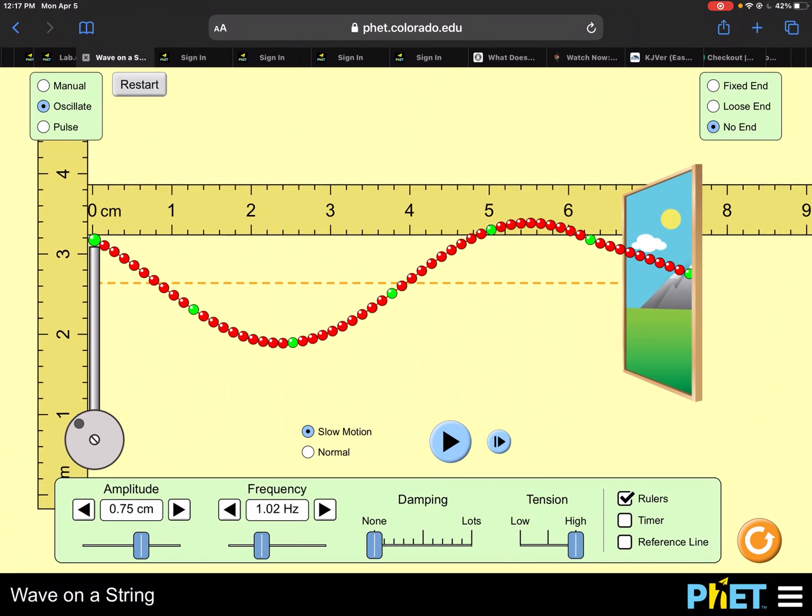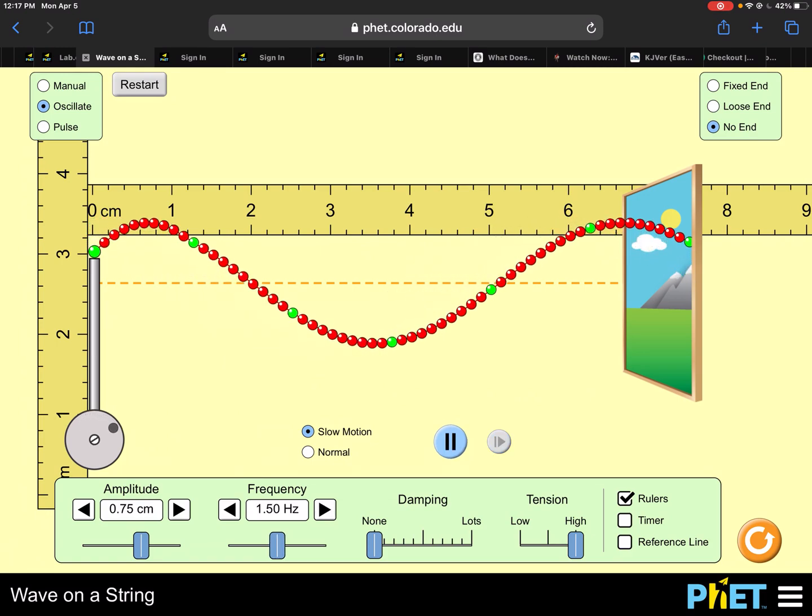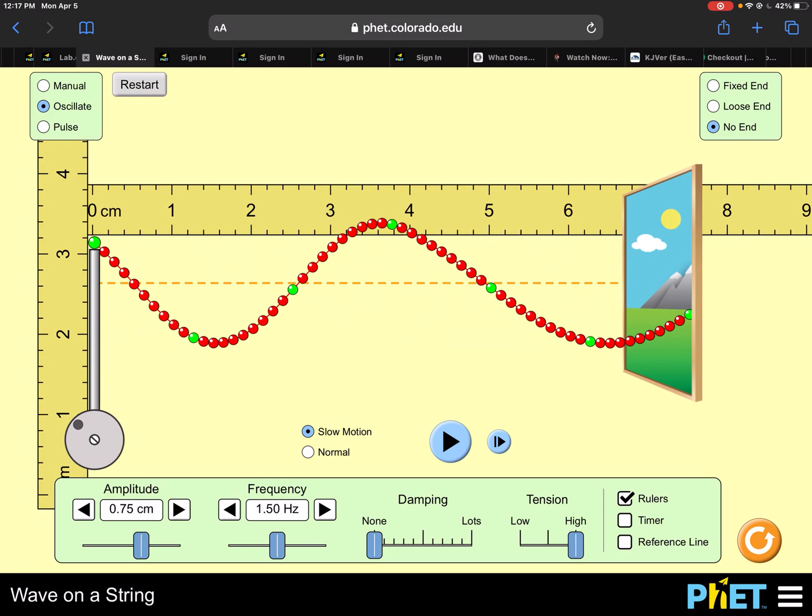The next measurement is 1.5. So I change my frequency to 1.5 and play this again. I want to stop it right there to where my green one is at about 0 centimeters, and the same part of the wave is going to be right around 3 point something. The increments between 3 and 4 are like 3.2, 3.4, 3.6, 3.8, and then 4.